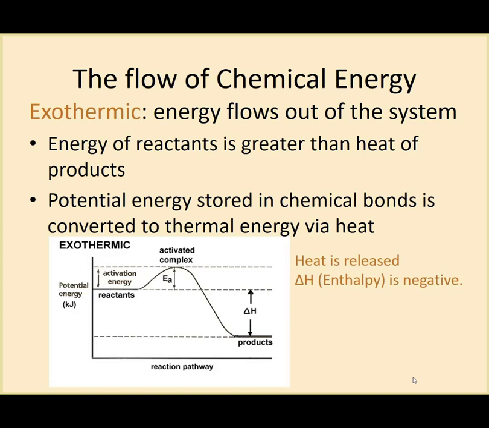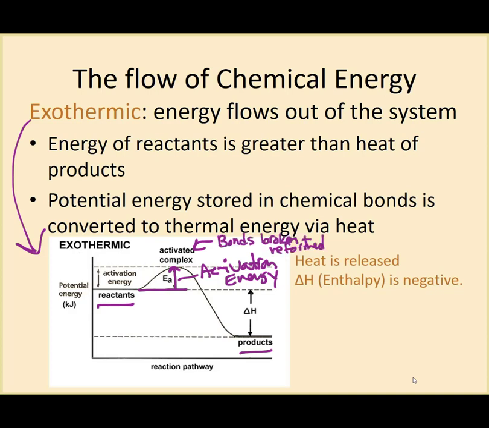You should know how to draw an exothermic potential energy diagram, something that looks like this. The reactants are at a high amount of potential energy. The products are at a low amount of potential energy. Activation energy is required. So you start with your reactant line and go up to the top of the little energy hill, and this is your activation energy. The activation energy is required to make this activated complex, where the bonds are broken and reformed.